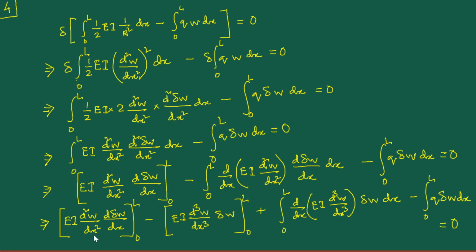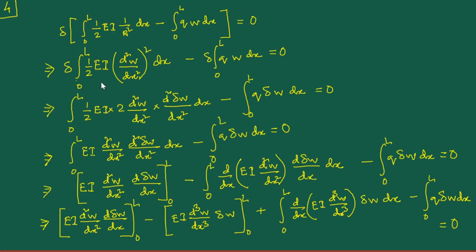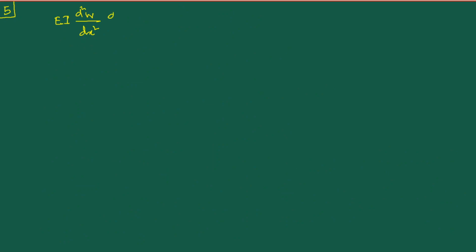So I have, let me take a look back. I have this term EI d square W dx square. Then I have this d delta W dx, with proper limits, minus EI d cube W dx cube.